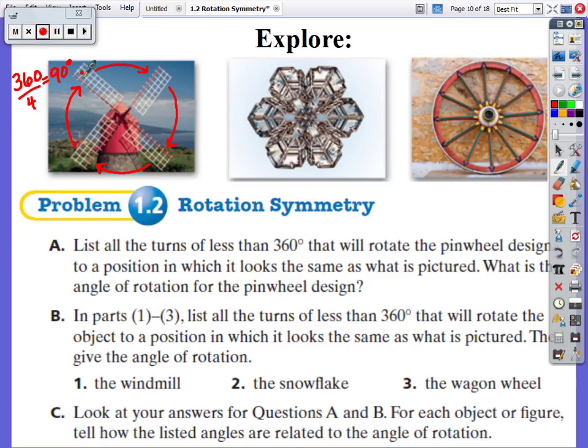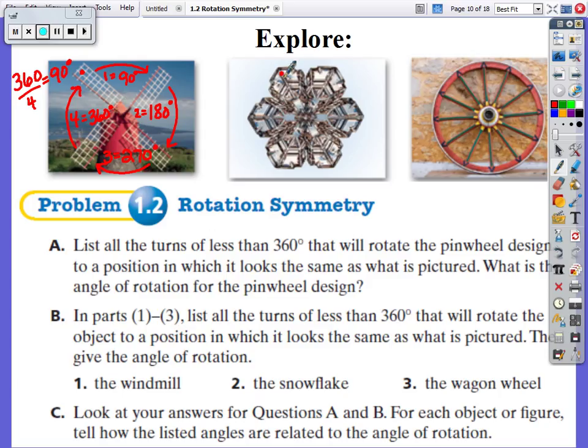So if we start here, after 1 rotation, we've gone 90 degrees. After 2 rotations, we've gone 180 degrees. After 3 rotations, we've gone 270 degrees. And after 4 rotations, we've gone back around, so 360 degrees.